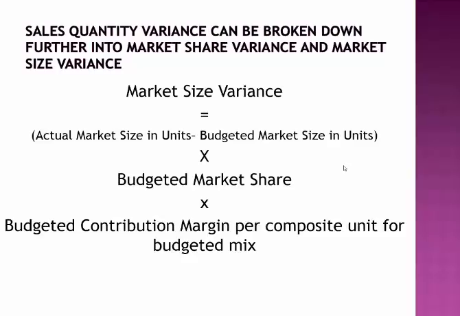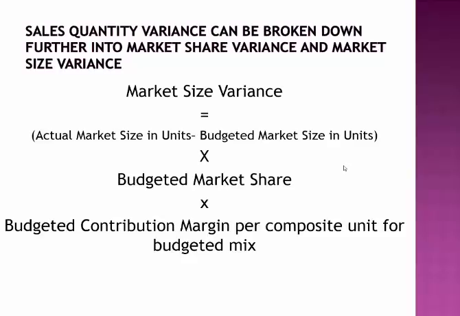For our particular company, they had a budgeted market share of 20%. Actual market share, however, was only 18.75%. Budgeted contribution margin per composite unit was $245.